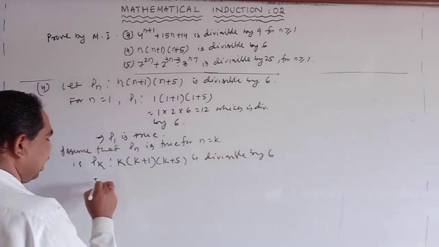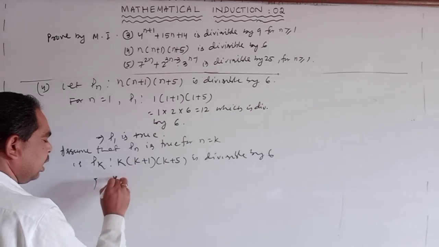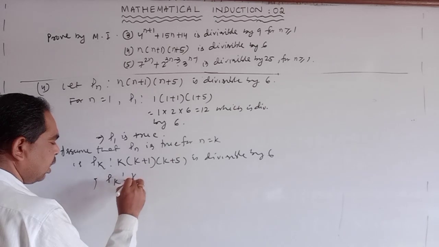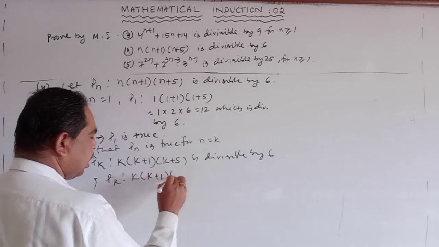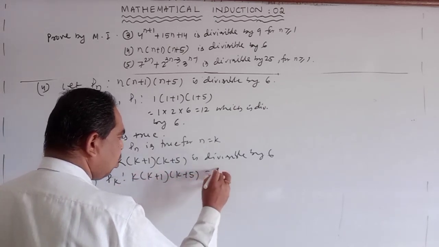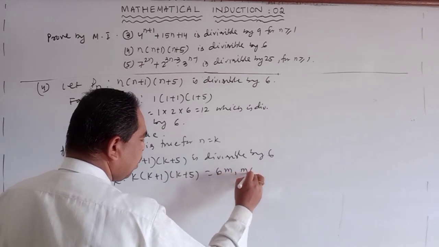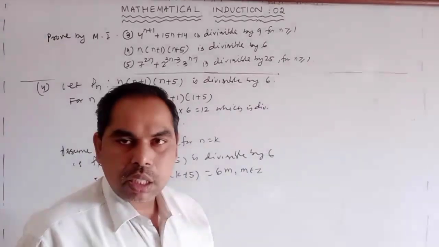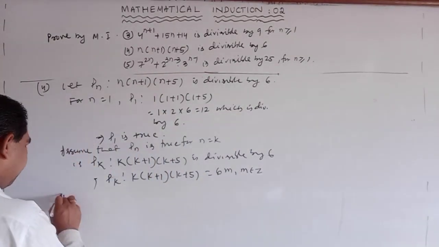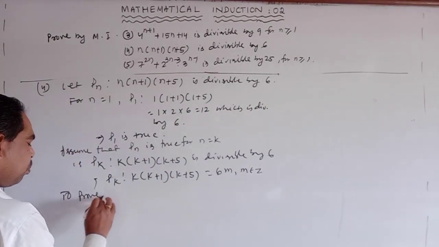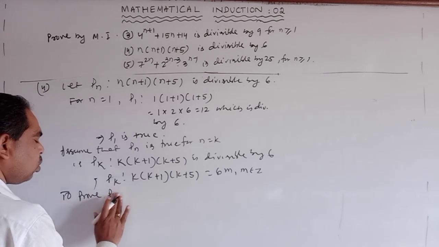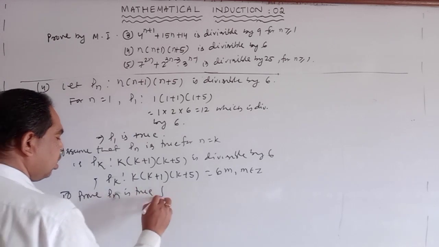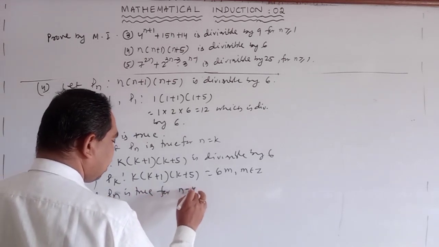So we can write Pk such that k into k plus 1 into k plus 5 is equal to 6 into m, where m belongs to the set of integers Z. To prove Pn is true for n is equal to k plus 1.